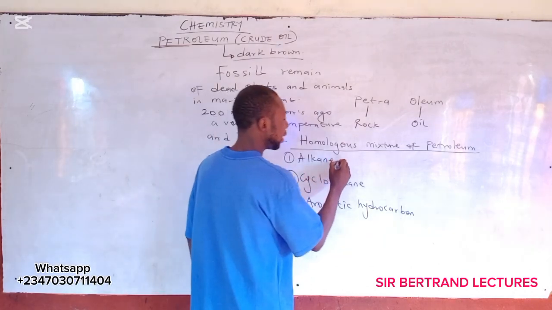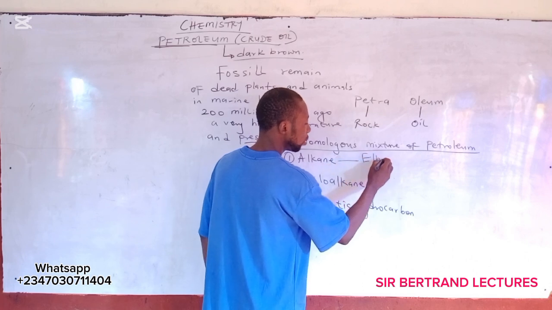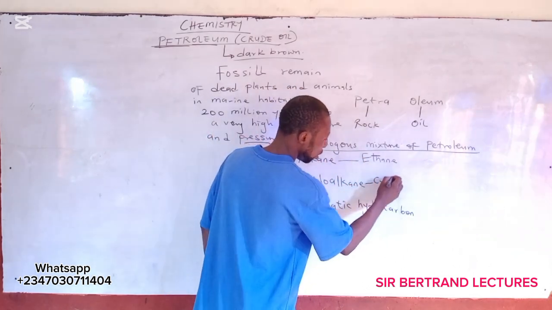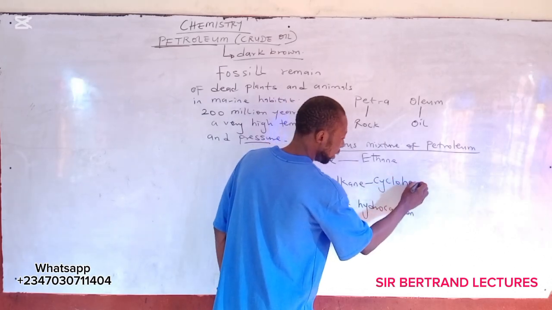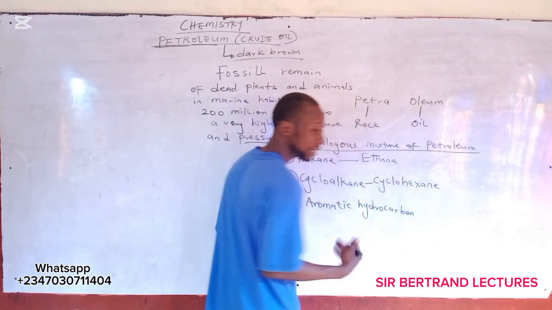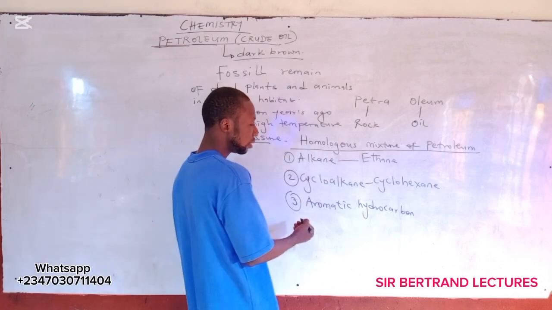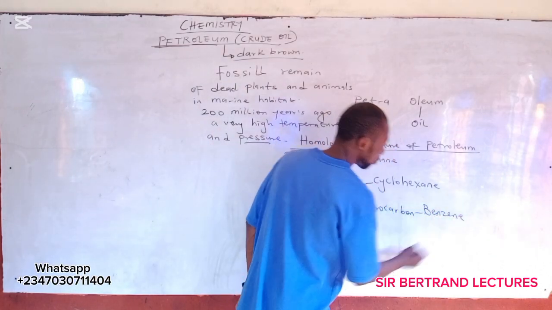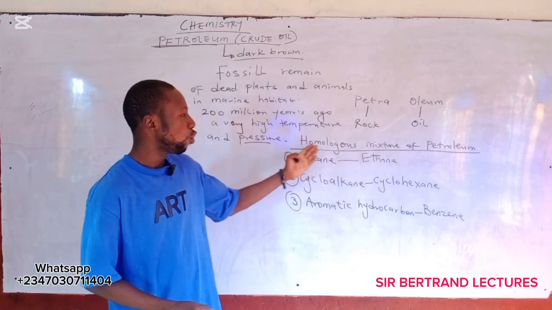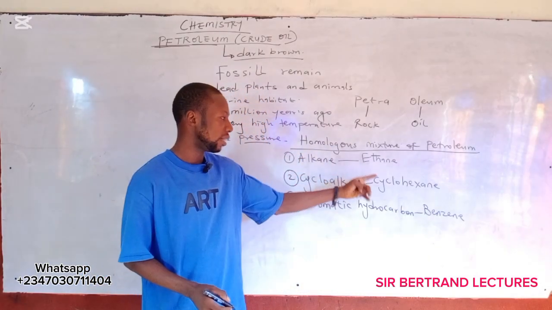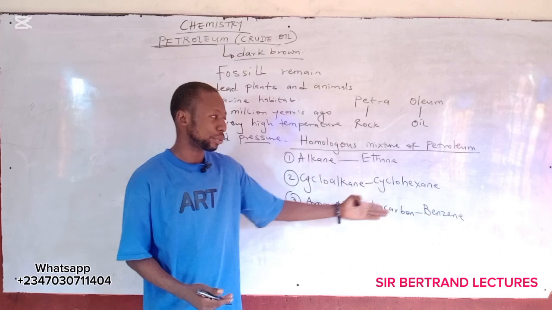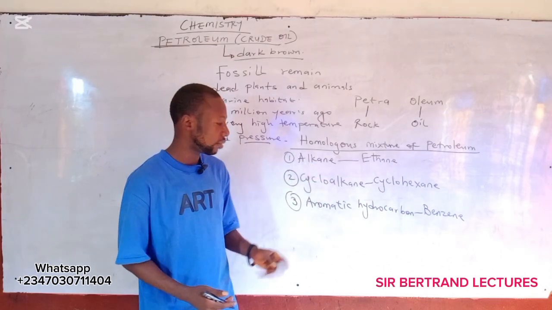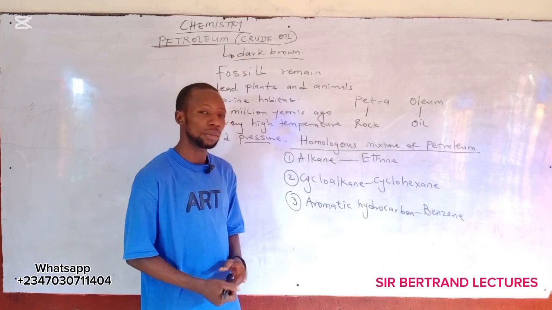Alkane here can be ethane. Cycloalkane, let's say cyclohexane, can be cyclopentane. Then for aromatic hydrocarbon, we have benzene. This is the kind of example I use to identify the alkanes, the cycloalkanes, and the aromatic hydrocarbon.